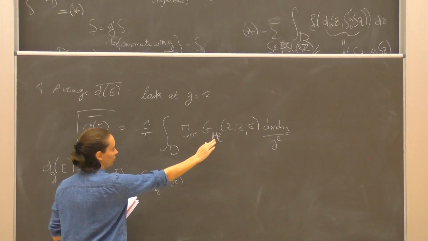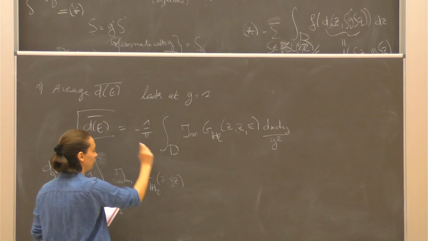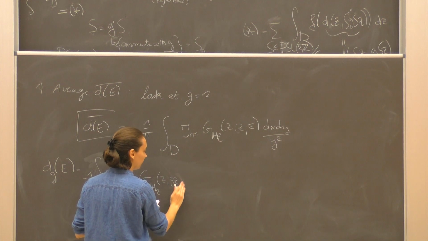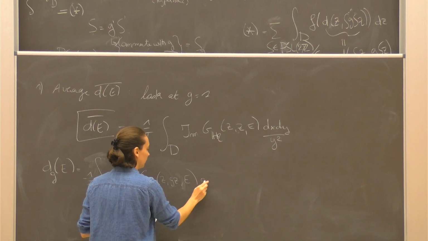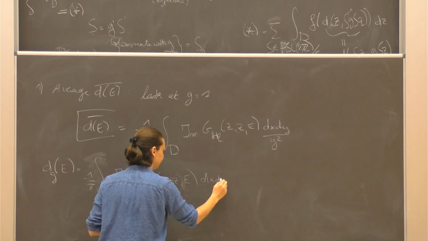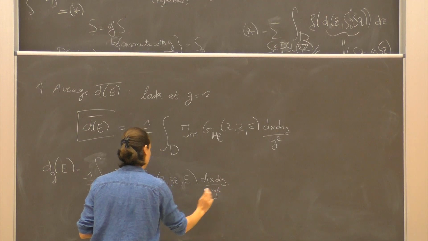With, of course, this was for the identity element, right? This was for the averaged one. Okay. So that's what we want to do.